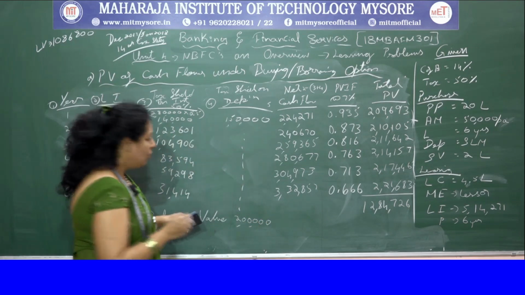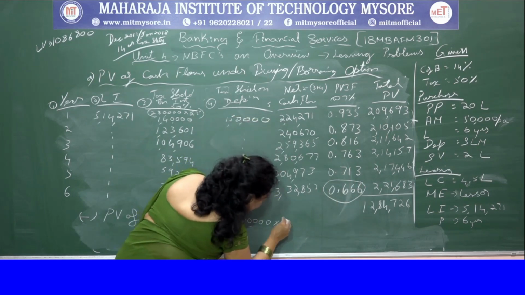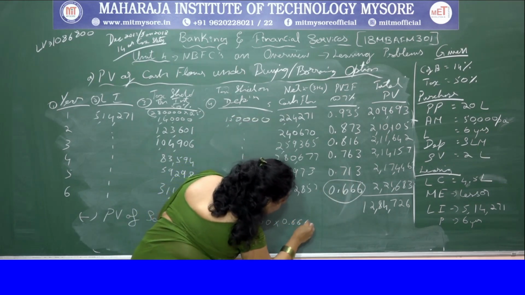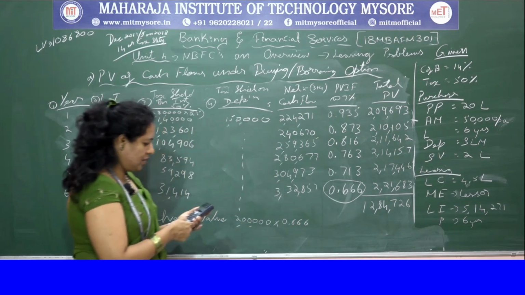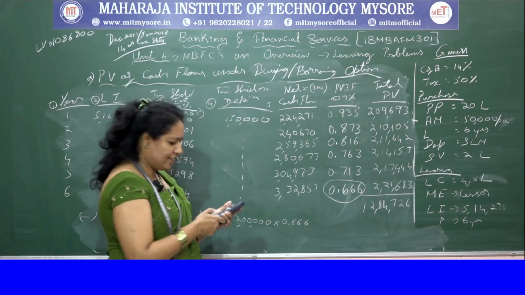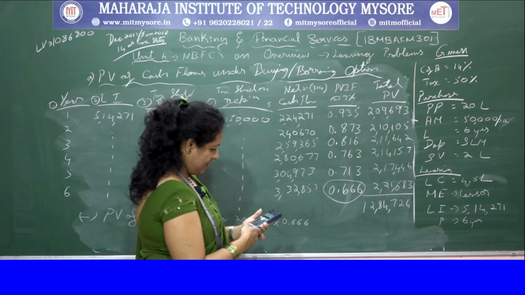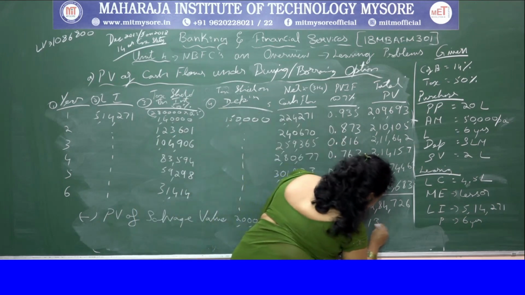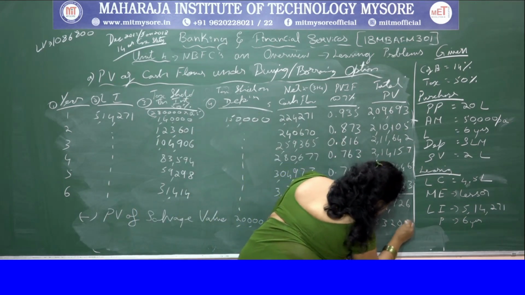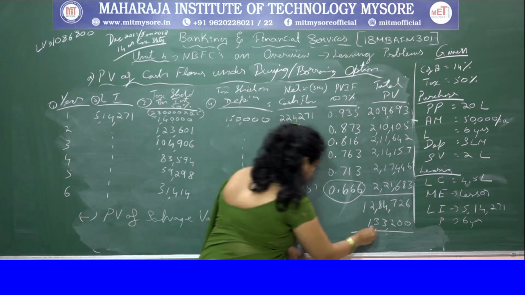On that, the last year factor gives 1,33,200, if I am right. Yes. So this deduction we have to do.